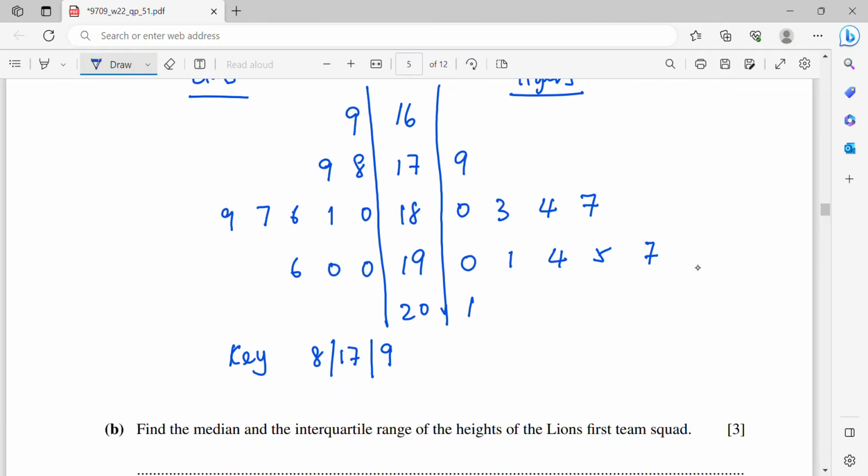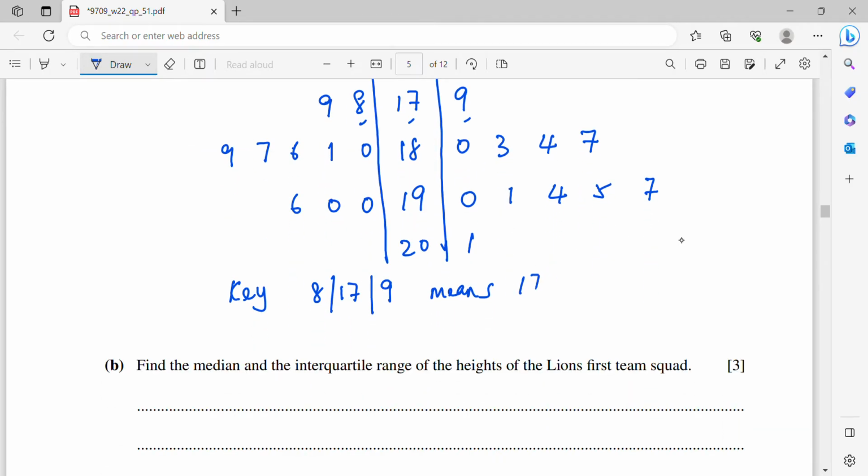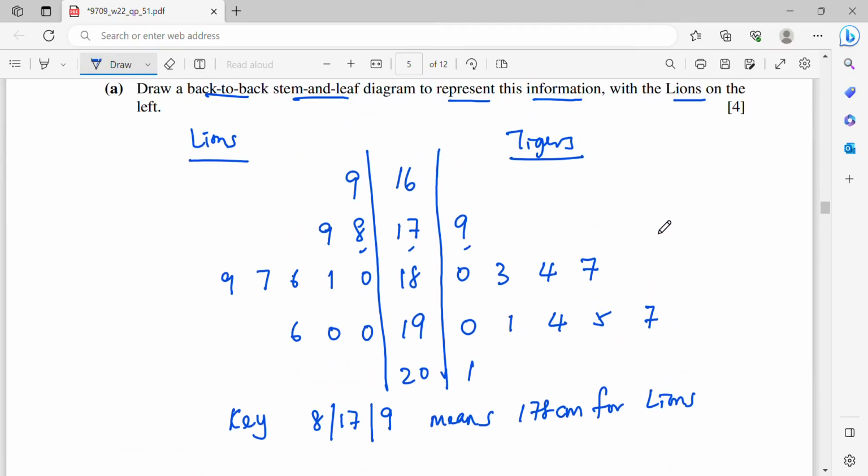So this means 178 centimeters for the Lions and 179 centimeters for the Tigers. So this is the complete back-to-back stem and leaf diagram.